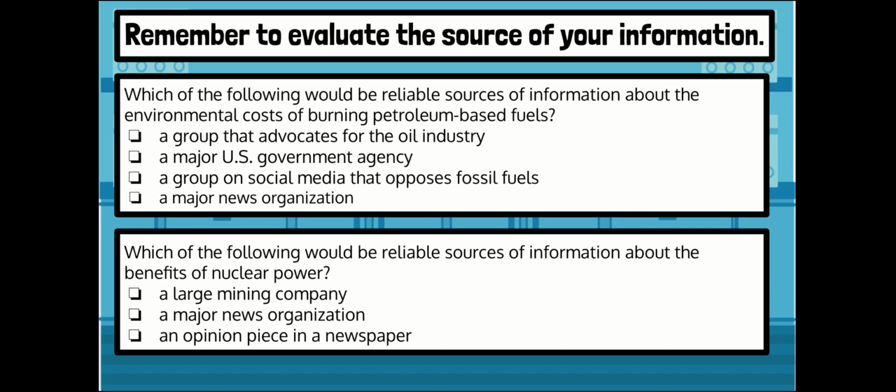So look at your choices carefully and ask yourself, who stands to gain? Who has something to lose here? Is this company or corporation involved in some way? Does it have some bias, either toward or against the subject?